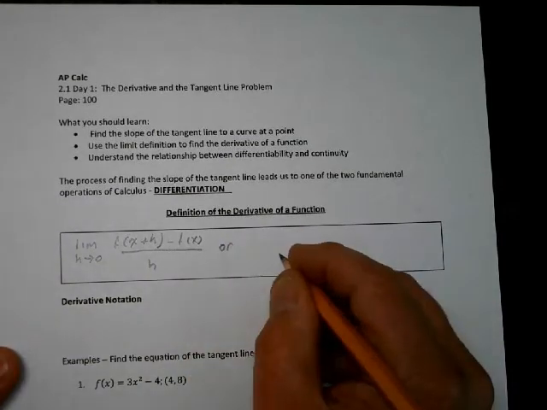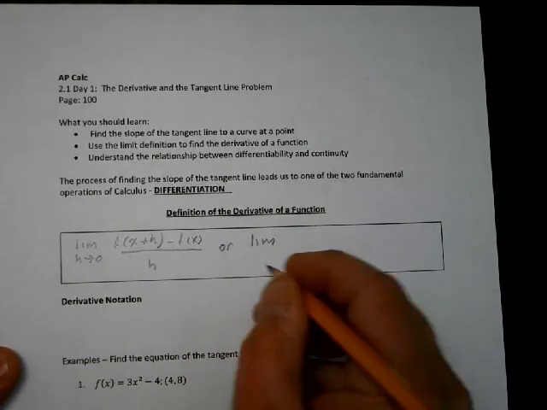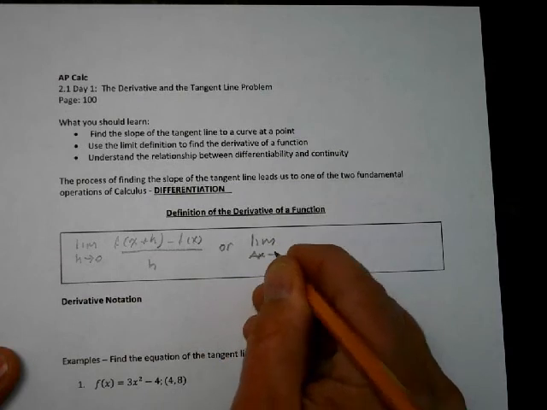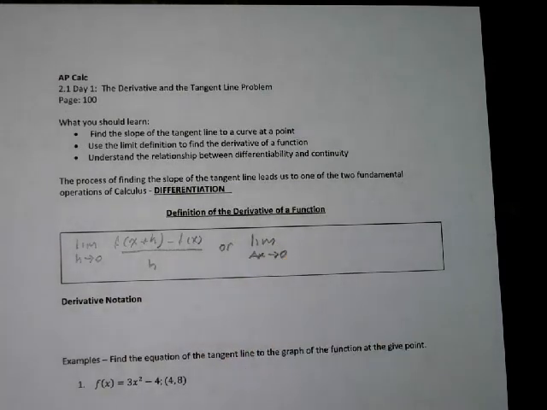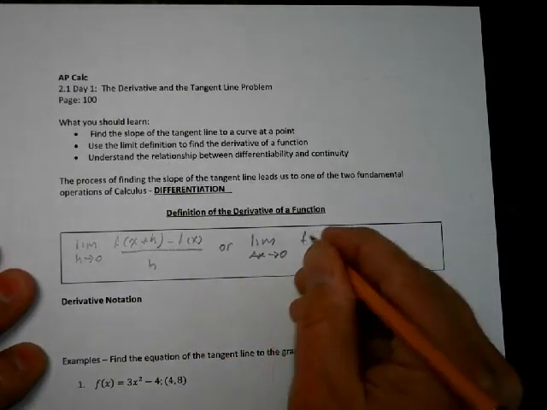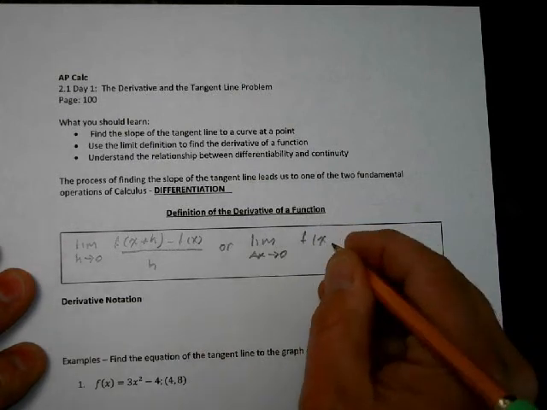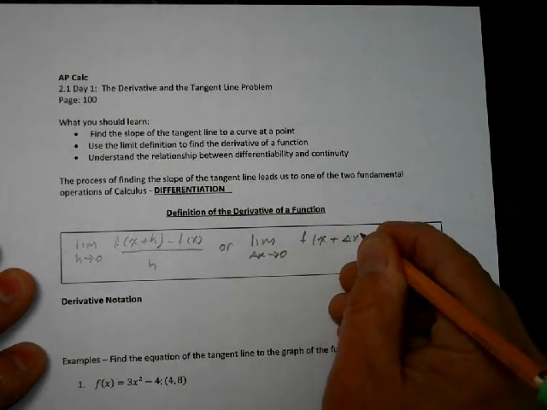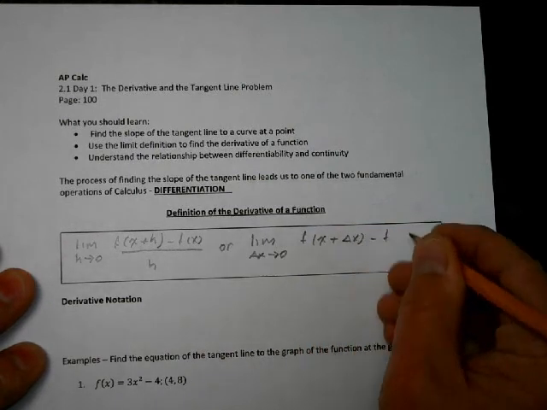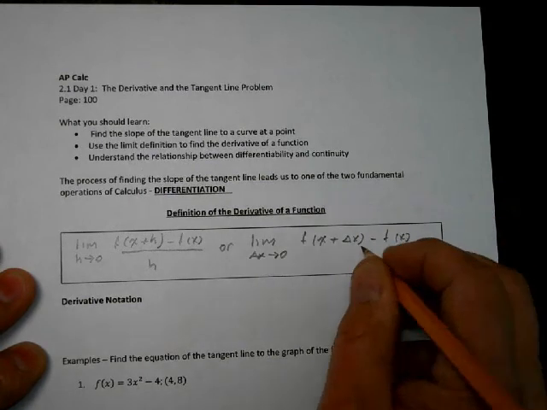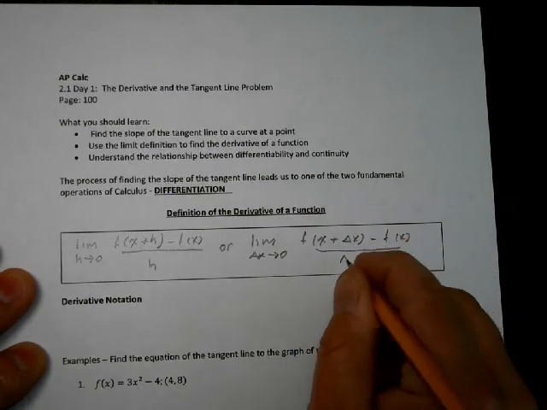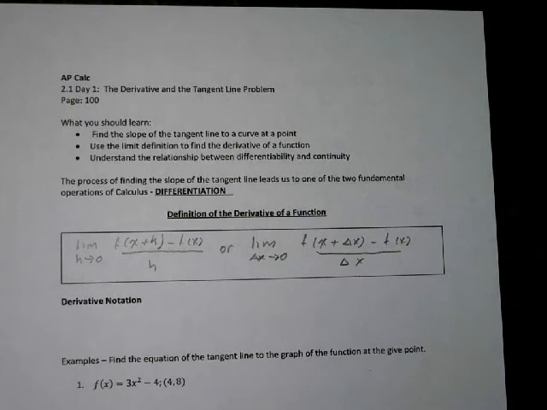Or you have the limit as delta x approaches 0 of f of x plus delta x minus f of x all over delta x.